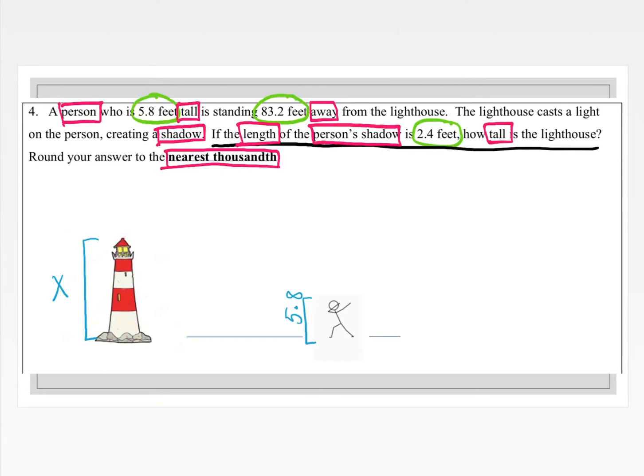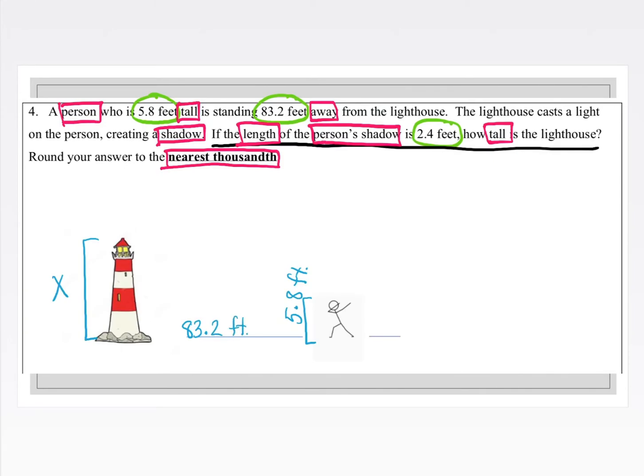And since all the units match, we know that it's going to be consistent across the board. We also know that the person is 83.2 feet away from the lighthouse. So the distance in between the lighthouse and where the person is standing is 83.2 feet.